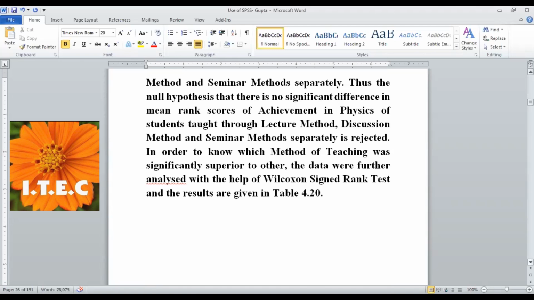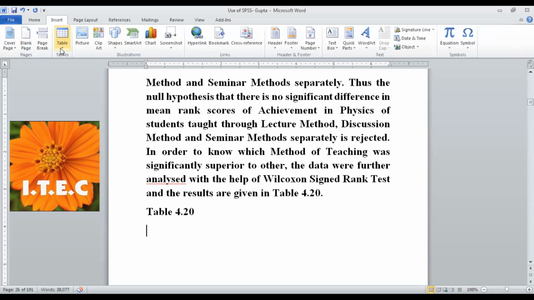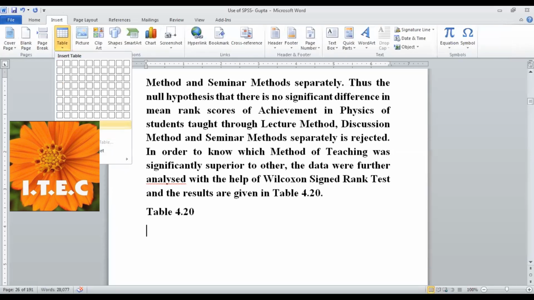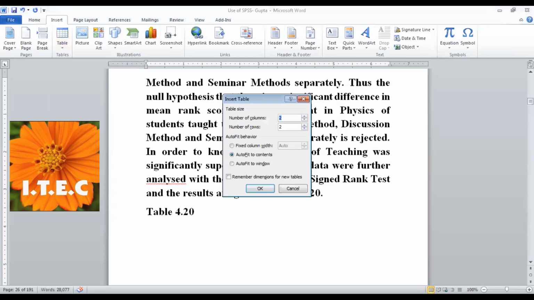And now let us see here. So table 4.20. So let us insert the table.